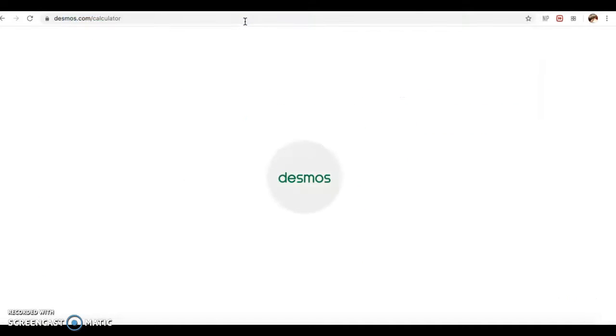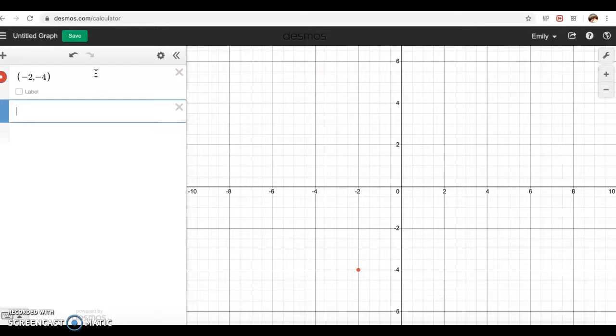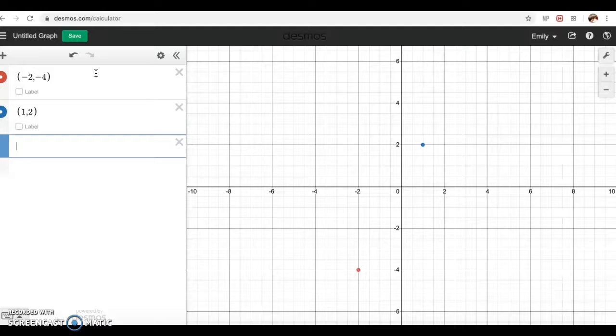So I'm just going to cheat slightly. Okay, so I'm plotting my first point, -2, -4, and then I've got 1, 2. So that's these 2 points here. Okay, and then I want to connect those 2 points with a straight line. Is there a way to do that here?